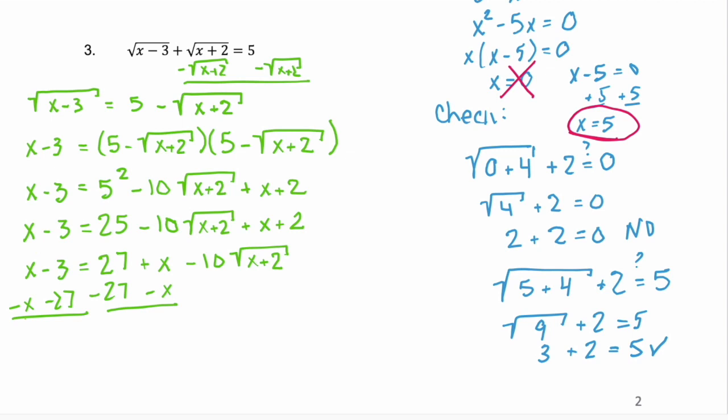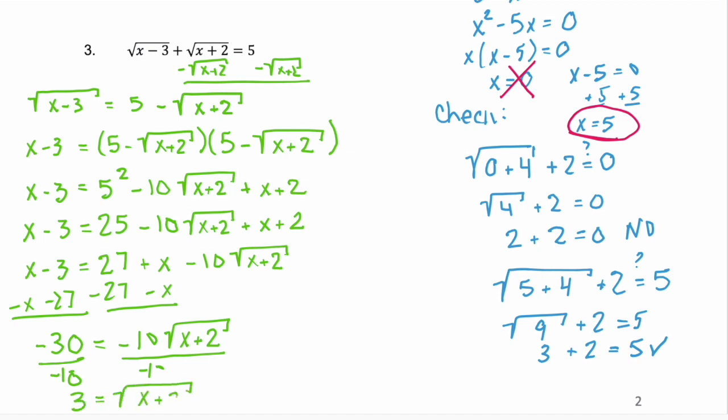Subtracting x, the x's cancel out. So we have negative 30 on the left equals negative 10 times the square root of x plus 2. If we divide by negative 10, we get 3 equals the square root of x plus 2.